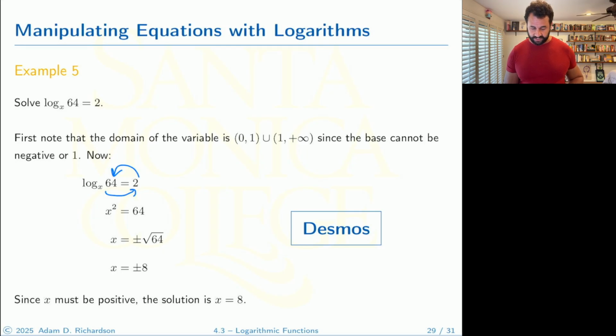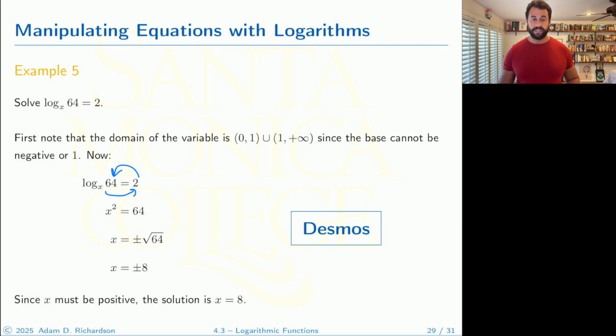The potential solutions are plus or minus 8. However, our restriction specifically says that this has to be positive. So we can eliminate the negative case, and our only solution is x equals 8.